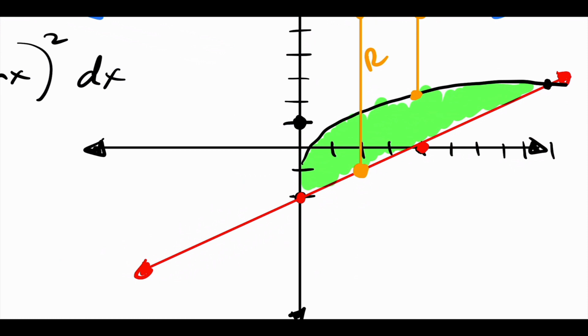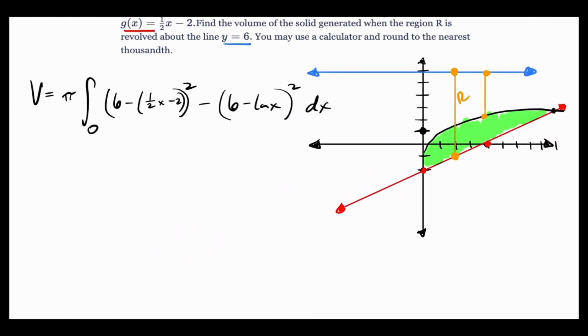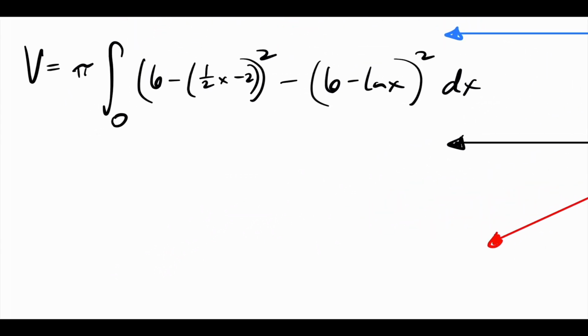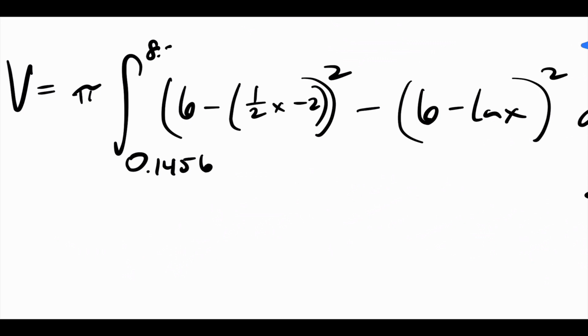Oh, so they intersect before the negative side. Yeah, that's important. So it's not going to be quite 0. So what'd you get? 0.1456. Good. And then the other side was 8.2109.